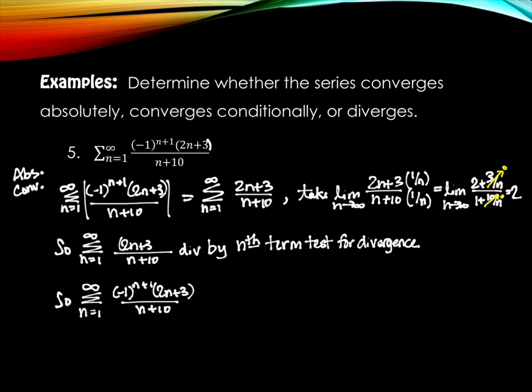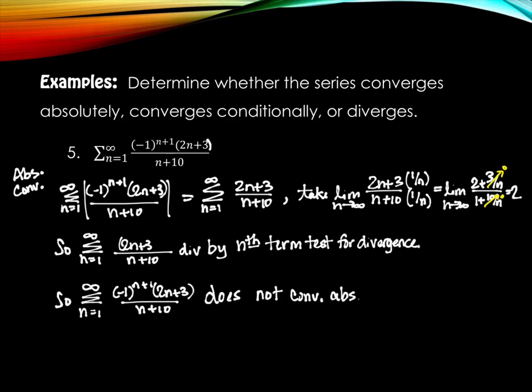This does not converge absolutely, right? Notice my absolute values are not around that, but it does not converge absolutely. Okay, so it's not absolutely convergent, but it could still be conditionally convergent, so it kicks us back to the alternating series test now, right?